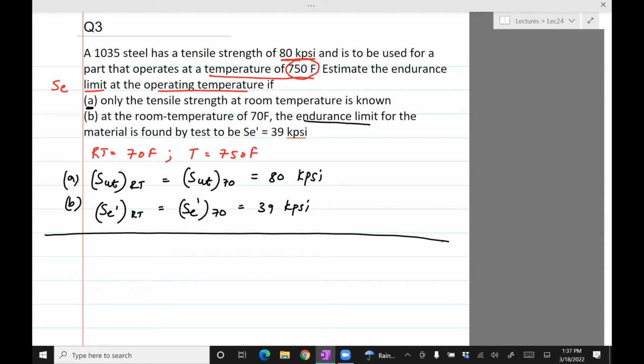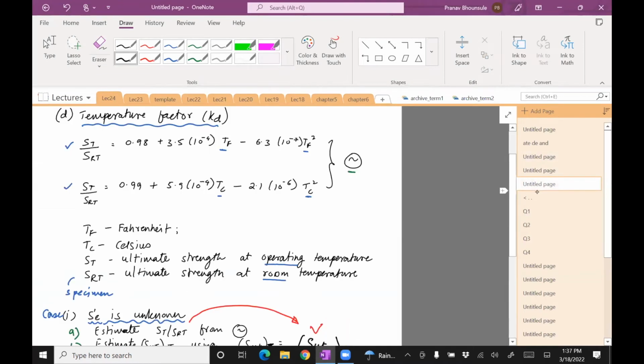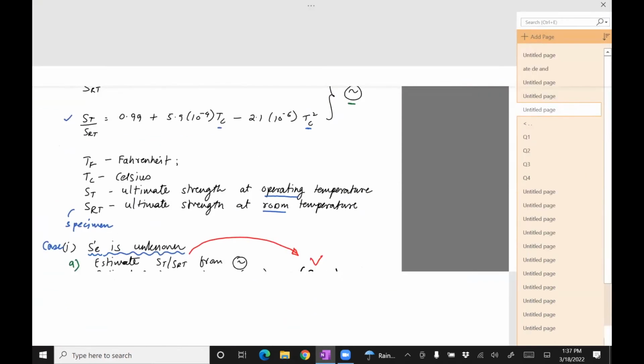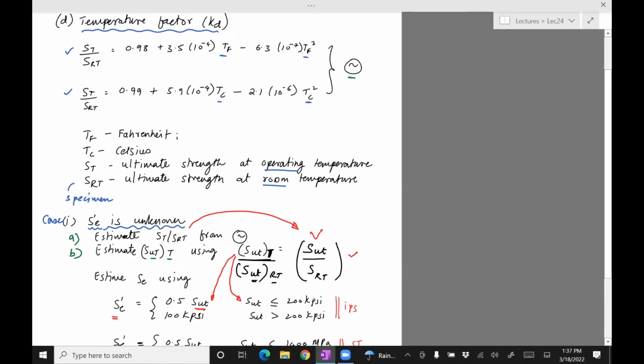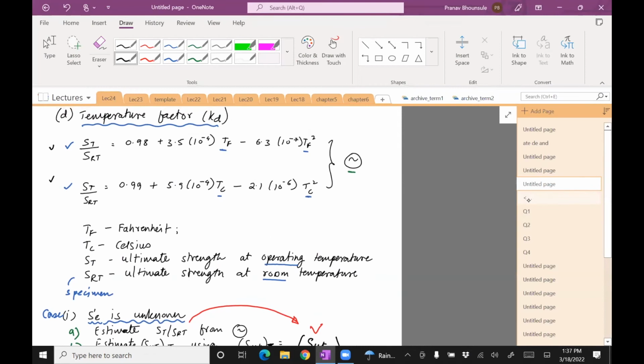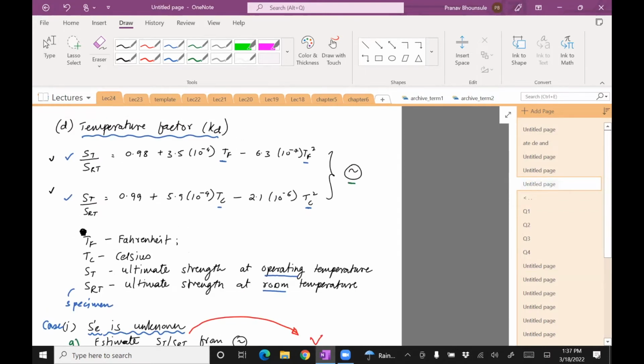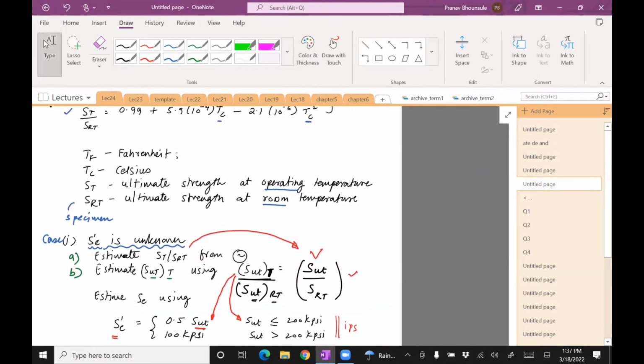Okay, so as I said, this is very algorithmic. You just have to go back to the table and go to the notes and then figure out how the temperature factor affects computation of KD. So it seems that you need to first compute this ratio, ST divided by ST at RT. Once you do that, you have two cases: SE prime is unknown and SE prime is known. Clearly B falls in the one where SE prime is known, and question A is case one where SE prime is unknown.